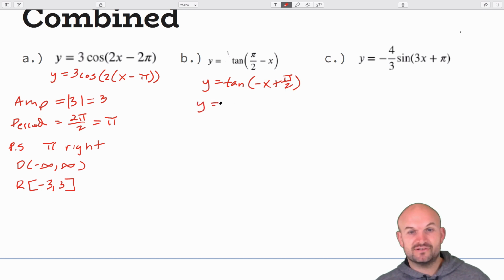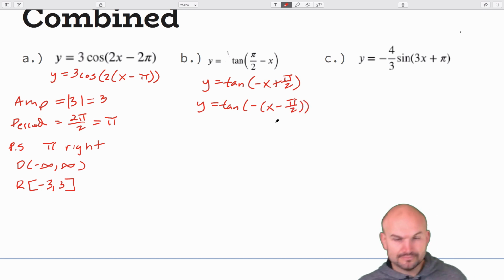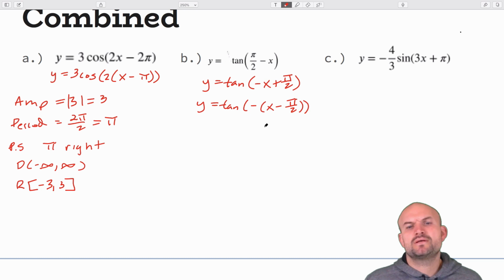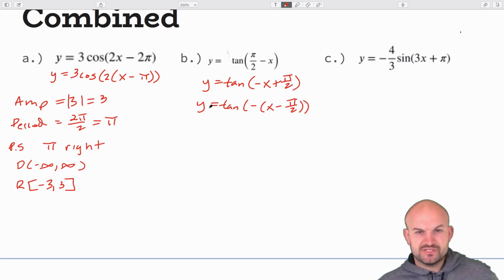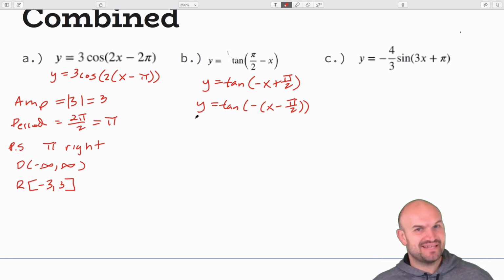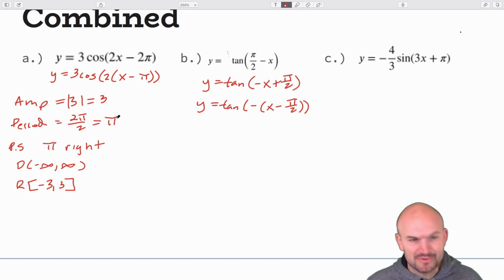Then I'm going to want to factor out the negative. So we have the negative and we have the x minus pi halves. Okay, so amplitude, and there is no amplitude, right? Be careful. You sometimes get in that mood like, oh, amplitude, but again, there's no amplitude here.